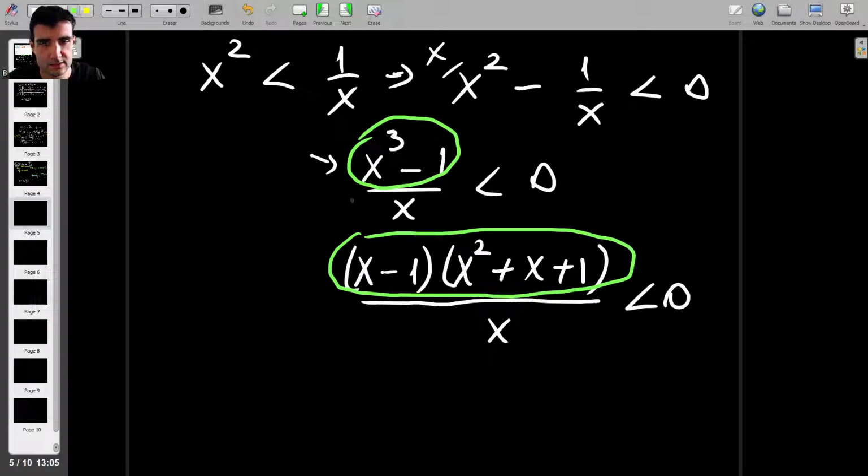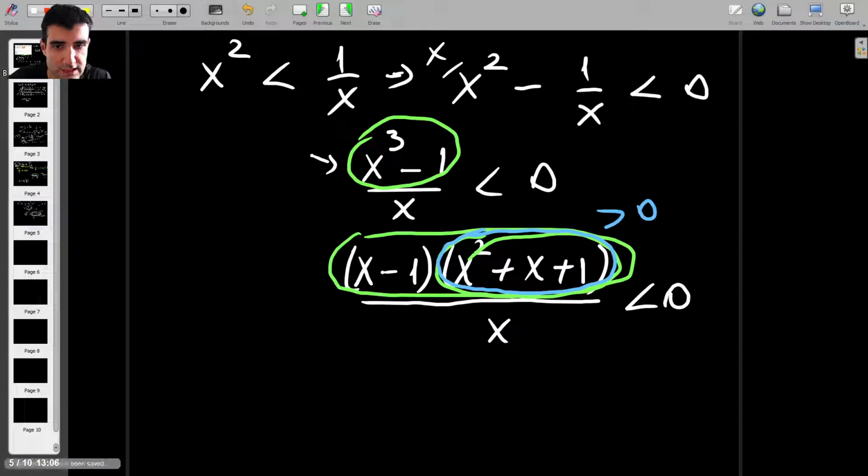The idea is that this is always going to be positive. Let's use blue maybe. So this is always going to be positive. So the only thing that could make this fraction negative is this x minus 1. And you can use a sign diagram again just to make things a bit more rigorous.